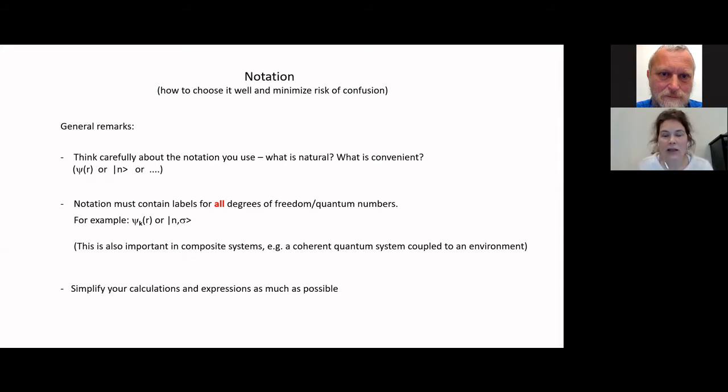Always look at it and don't stop your calculation until you have the simplest form you can think of for the answer or for an intermediate step.